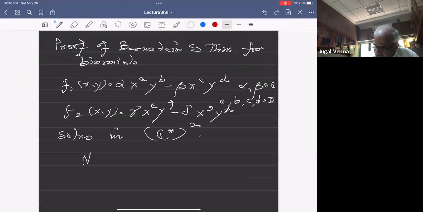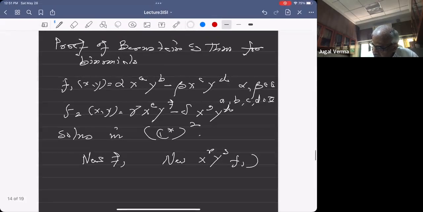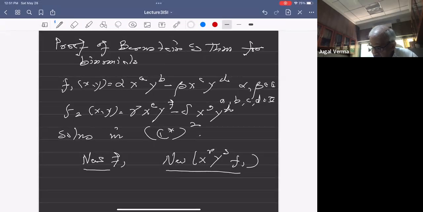So there is a Newton polygon of F1, and then you multiply by a monomial, say X^R Y^S, with F1. What is the relation between these 2 polygons? Can anybody guess? How do I get the Newton polygon of X^R Y^S F1 from the Newton polygon of F1?